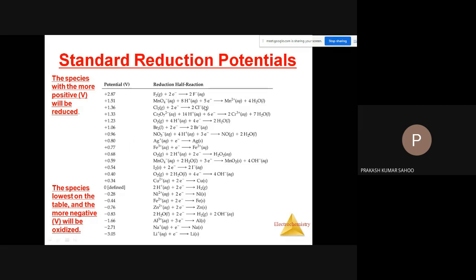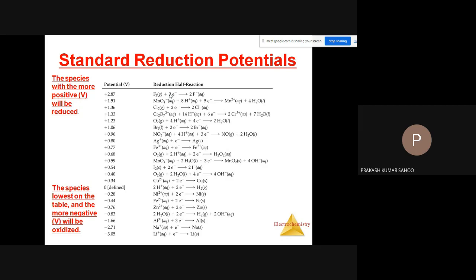Here there are various ions, and the first element is fluorine. So fluorine has the highest reduction potential. What is reduction potential? It is the potential of an electrode to gain electrons. If fluorine has the highest power to gain electrons, it will snatch electrons from any electrode, metal or atom to which it is coupled.